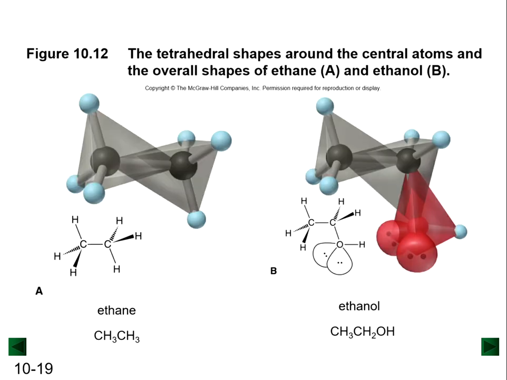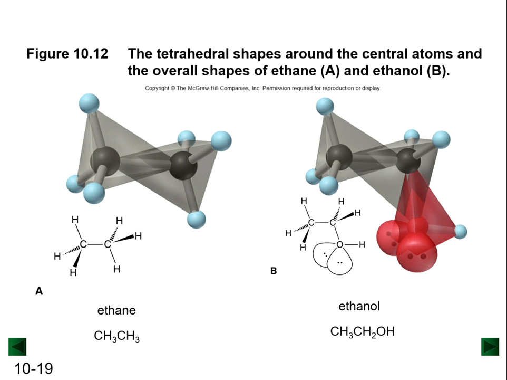Some molecules, in fact, many molecules, will have multiple shape centers. Two examples are shown here. On the left is the molecule ethane, C2H6. That was one of the alkanes that we saw earlier in our naming of alkanes. And C2H6 has the Lewis dot structure where two carbon atoms have a single bond, and each carbon atom has 3 hydrogens singly bonded to it.